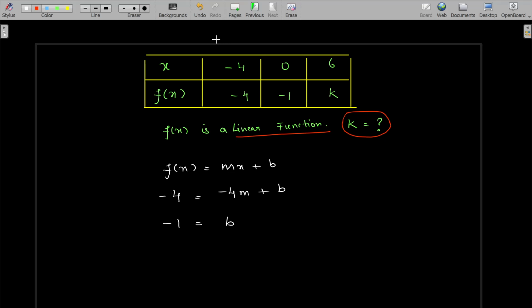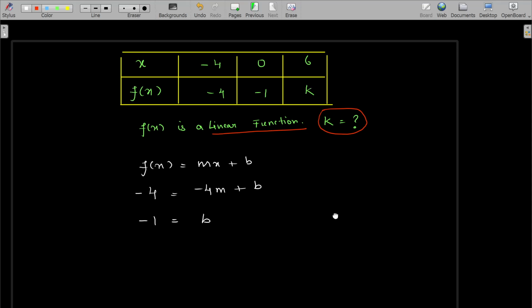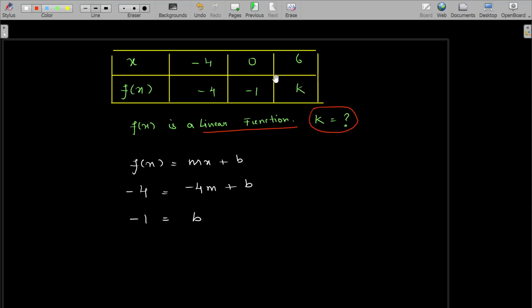What we can also do here is that since it's a linear function, we know that these 3 points are going to lie on the graph of this function. So what I mean by that is, let's assume that the graph of this function is this line.